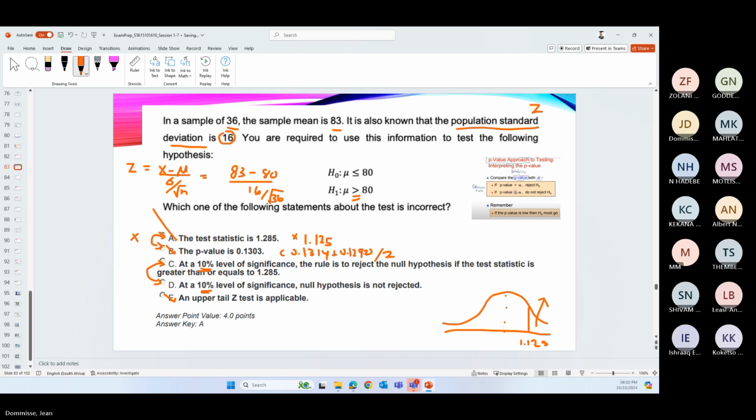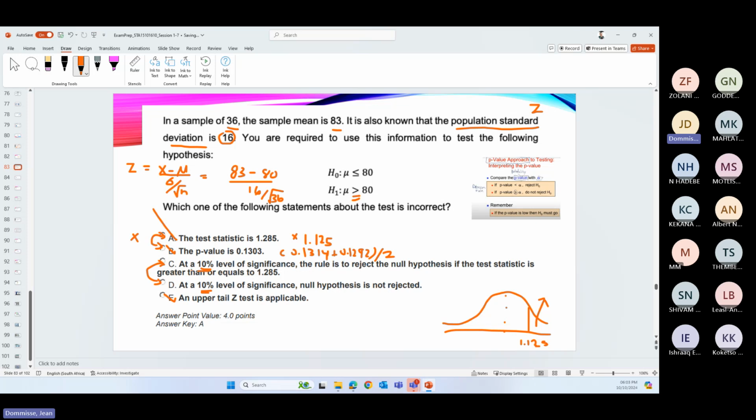It's one of those where you don't always know: must you actually add the two together and divide by 2, or do you round it off and then get a number? So not a nice one, but basically if we add the two and divide by 2, we will get the p-value.